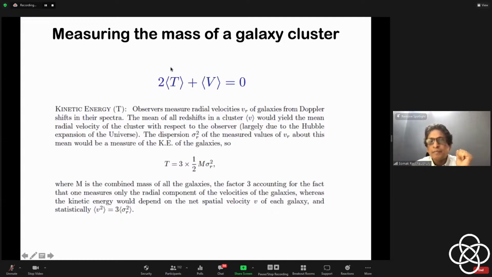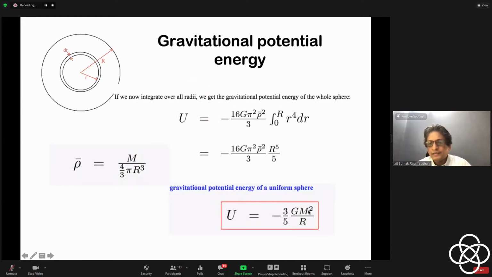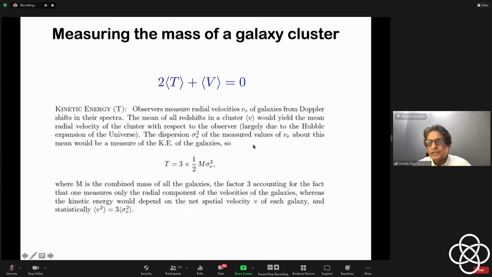You can see I've time averaged it now over a long period of time, and anything that you're measuring on cosmic time scales is time averaged anyway, because you are not actually looking at anything changing with time in the measurements you're making in this particular case. So your V is just this, minus 3/5 G M squared over R.